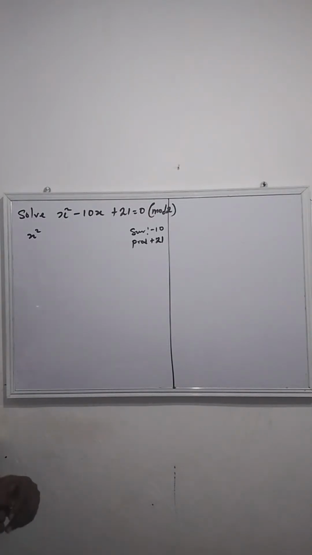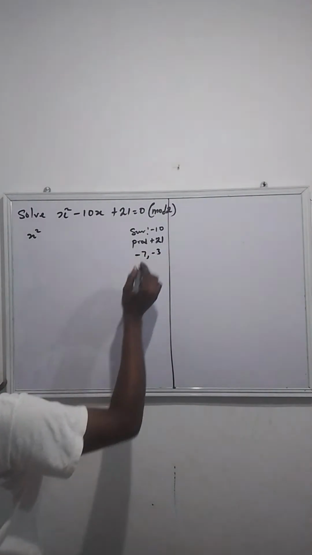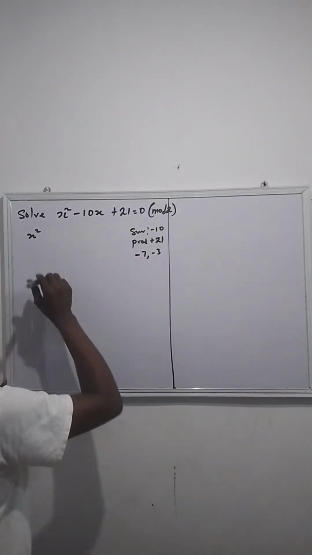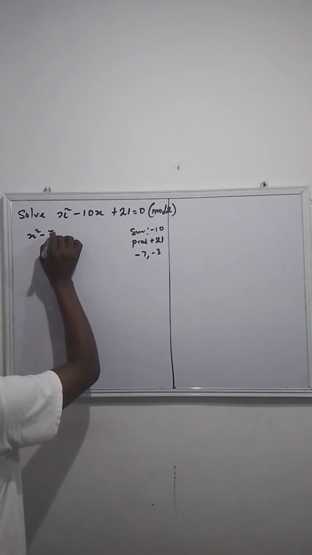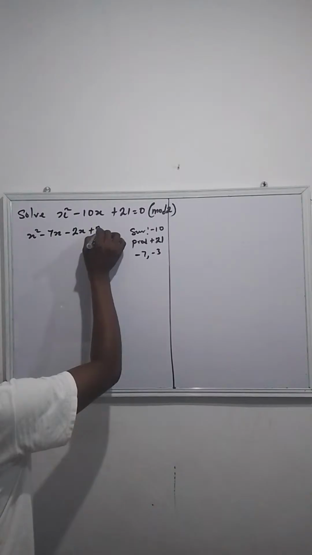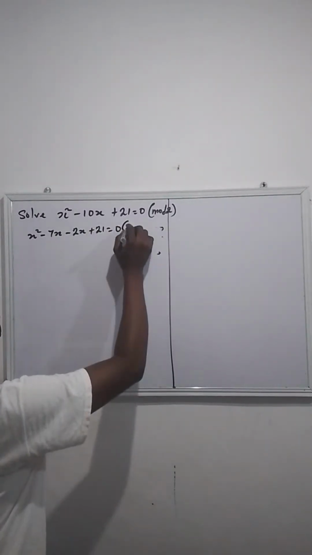We have negative 7 and negative 3. When you add them together you get negative 10, and when you multiply them together you have 21. So we have x squared minus 7x minus 3x plus 21 equals 0 mod 2.